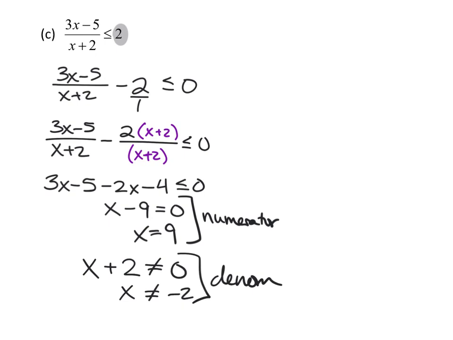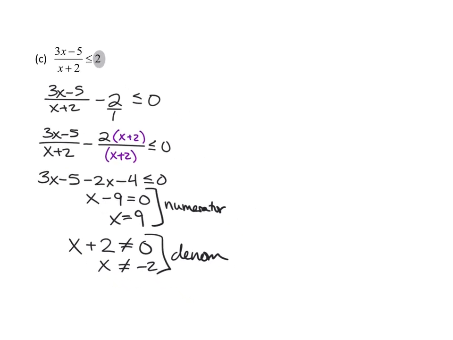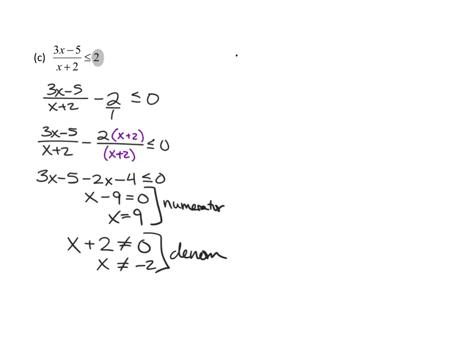That's coming from my denominator. So we deal with the numerator, either equal to 0 or not equal to 0. We deal with the denominator always not equal to 0. And then we can make our number line with those two critical numbers of negative 2 and 9 and do our subintervals.